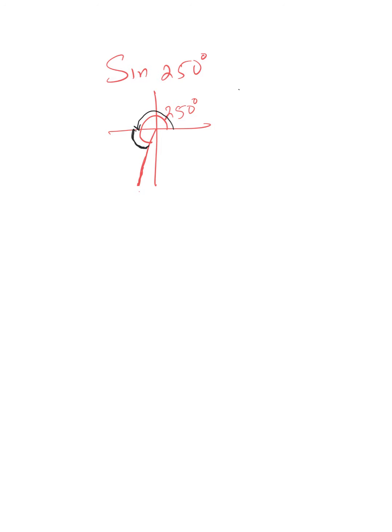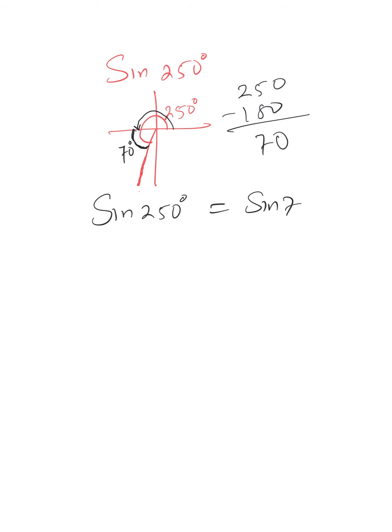So what I need is to get 250 minus 180, and I have that other angle I'm looking for, which is 70 degrees. So this angle is 70 degrees, and therefore the sine of 250 degrees will be compared with the sine of 70 degrees. That's the acute angle they're talking about.